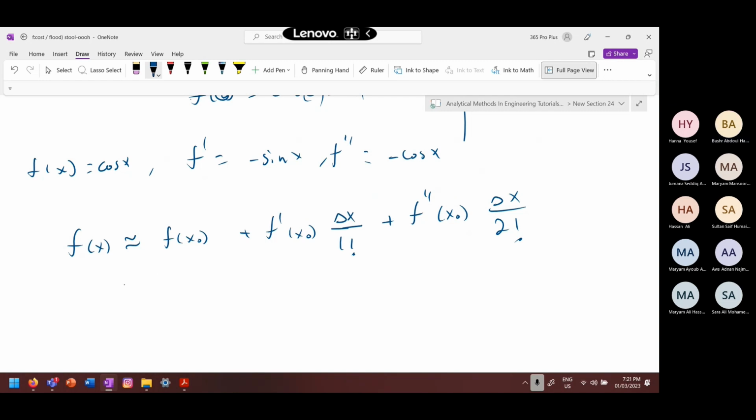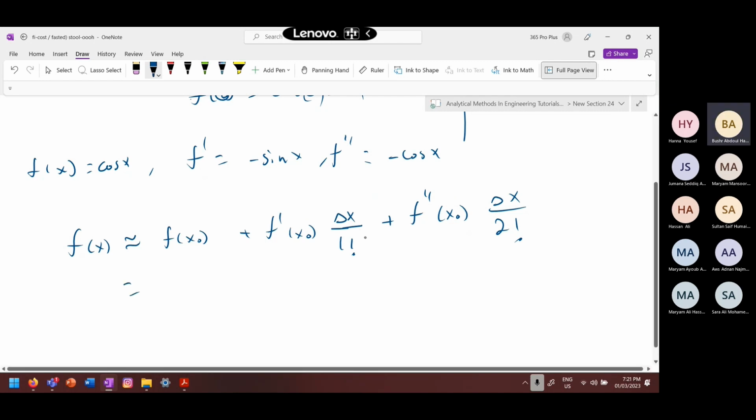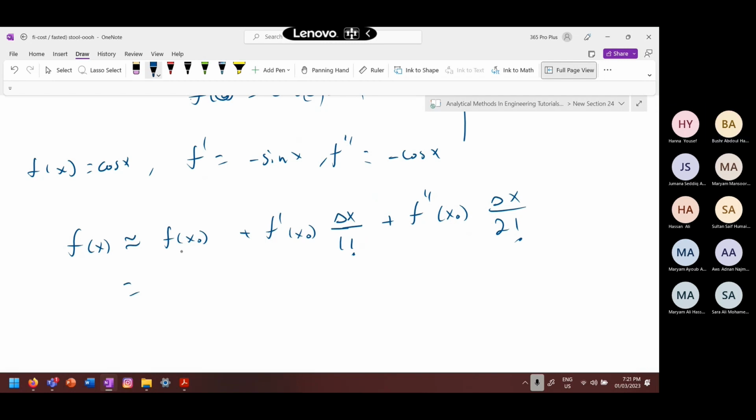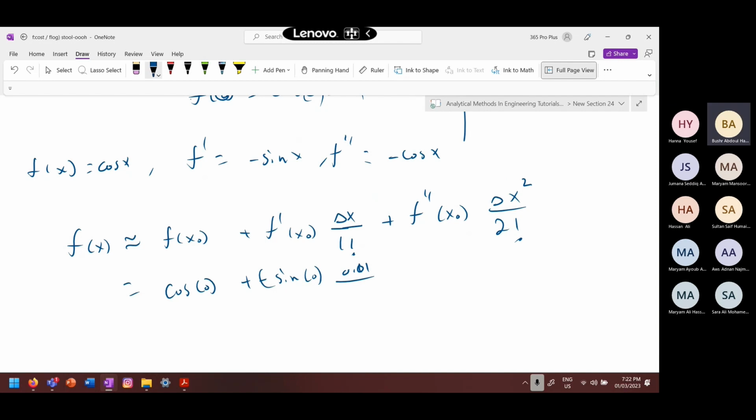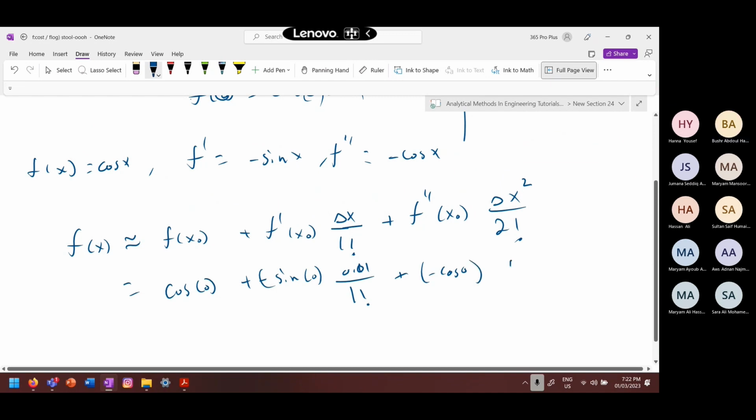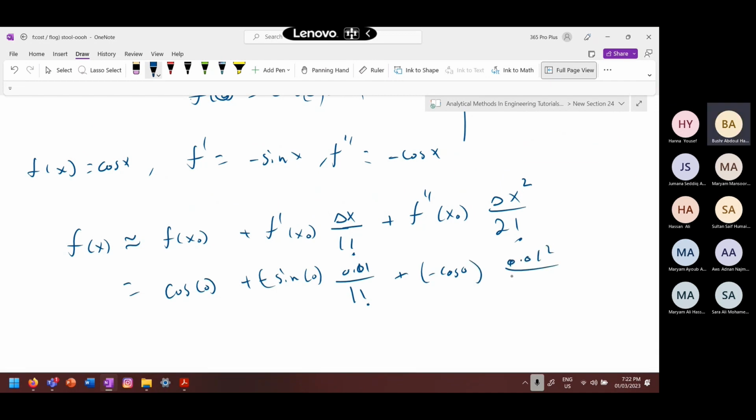Okay. Now just substitute. So f of x at 0, which is cosine 0, plus f prime, it's a negative sine 0 times delta x 0.01 over 1, and this is going to be negative cosine 0 times delta x, 0.01 squared over 2.